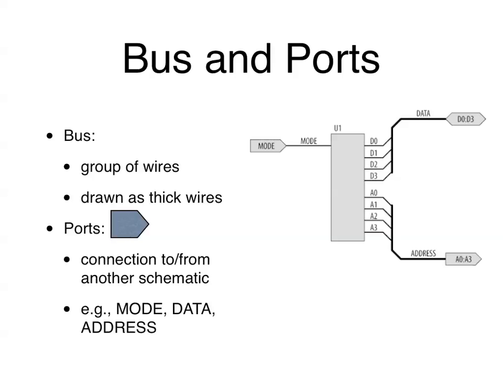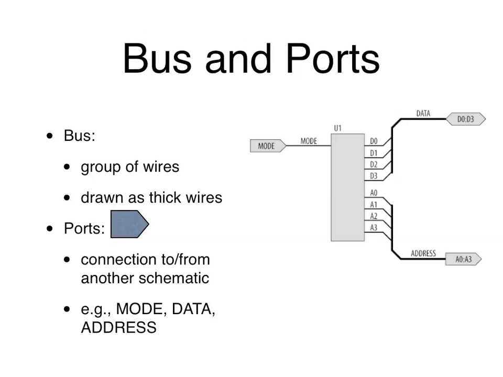Now, just to make sure we know the notation, this is a pretty common way to denote these elements in the schematic. A bus is a group of wires, and it's drawn with relatively thick wires.